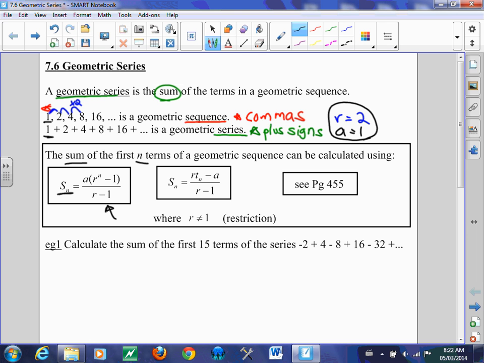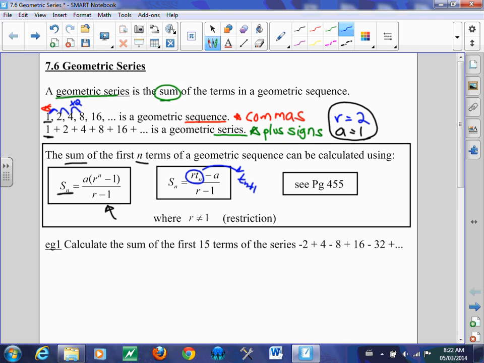The second formula looks kind of funny, but if you think about this expression here, r times t sub n is usually one of the values given, but if you multiply it by r, that represents t sub n plus 1, because it's the next one in the series, simply because the ratio is being applied to it. It's another way to think about it.